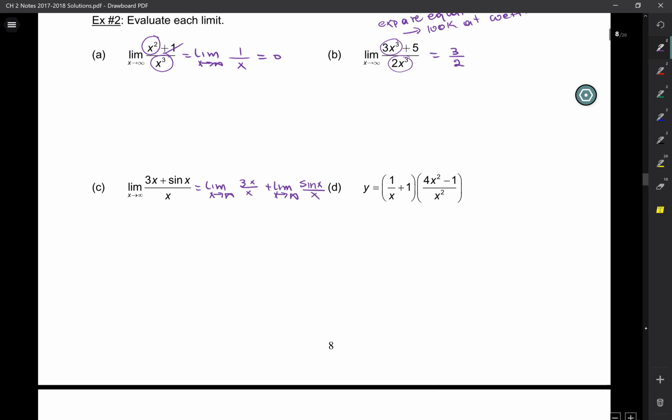Does everybody see what I did? I gave a denominator to the 3x and a denominator to the sine x. So now, what am I going to get from that first one, 3x over x? Just 3. Plus, what am I going to get for that one? 1 or 0? 0, because it goes to infinity. So it's just 3.